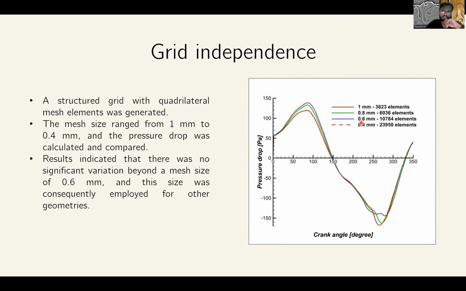But when I changed from 0.8 to 0.6 and 0.4, there is very little difference. There is no difference between 0.6 mm and 0.4 mm in the results. So for further analysis of the 5 cases, I fixed the element size as 0.6 mm and calculated the pressure drop.